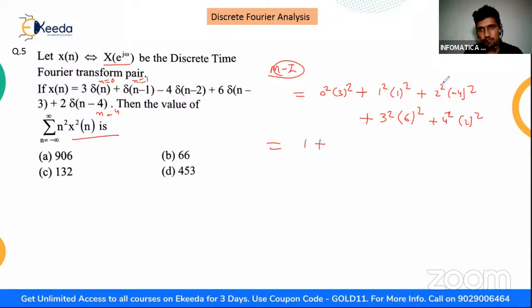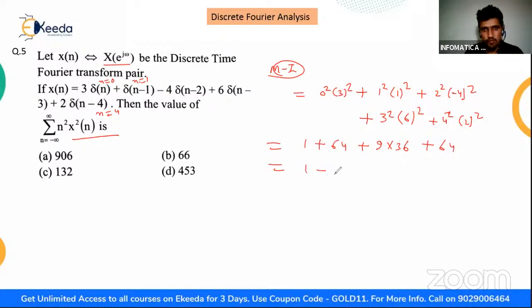So what it will be: 1 plus 4, and this is 16, so 64, plus this is 9 multiplied by 36, plus this is again 16 multiplied by 4, 64.